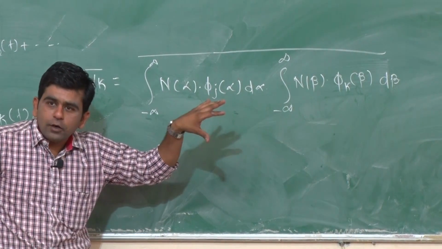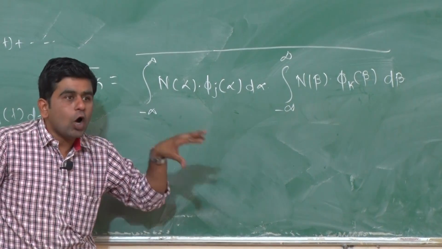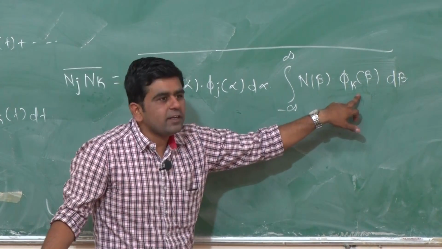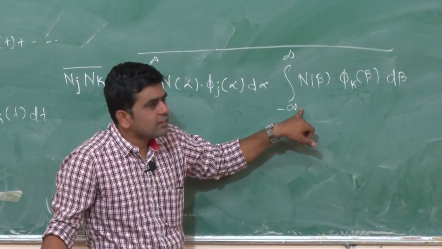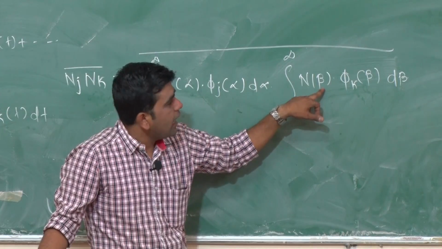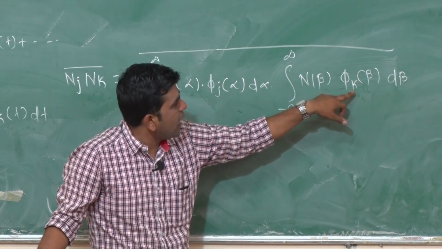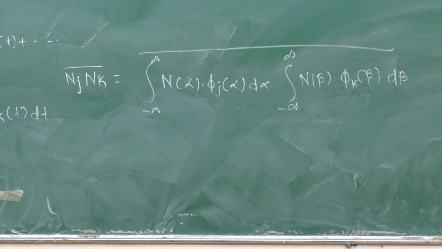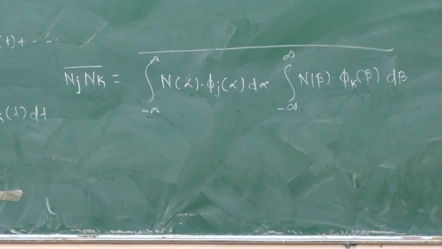Similarly, we have to find out the projection of n of t on the second basis function, represented by k. This projection is given as the integral from minus infinity to infinity of n of beta into phi_k of beta d beta. This will give the relation between these two random variables.